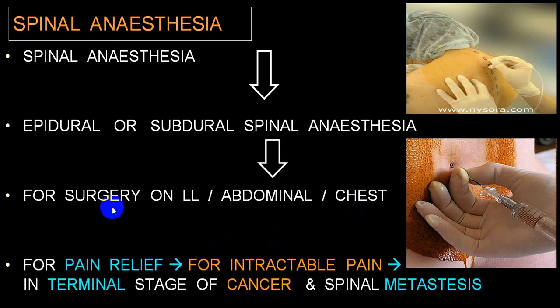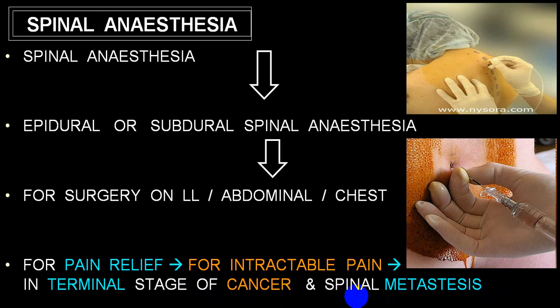It is also utilized by injecting anesthetic drugs to relieve intractable pain, particularly in the terminal stage of malignancy and spinal metastasis. So this will be one of the therapeutic purposes, that is for pain relief in intractable pain because of terminal stage of malignancy or even in case of secondary metastasis.